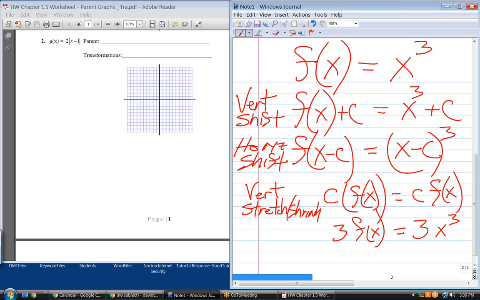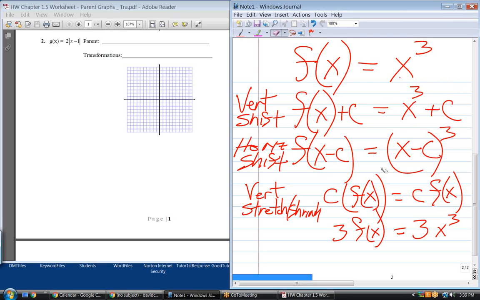Okay. So what you're going to need to be able to do when you're all done here is look at this and figure out, is that a vertical shift, a horizontal shift, a vertical stretch, or a horizontal stretch? That's going to be the name of the game.